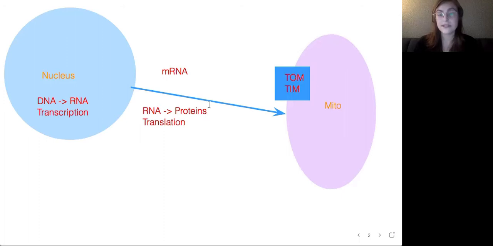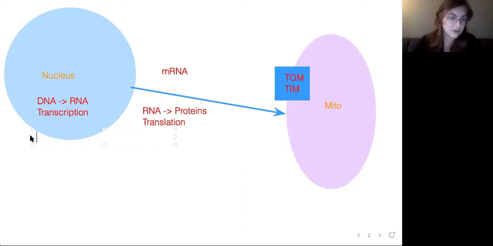And then other proteins that are destined for the matrix or the inside of the mitochondria will interact with both Tom and then Tim, because it has to cross through both to get in there. So that is how proteins that are encoded in here match up to their corresponding tag almost, and then the tag is what will bring it to the mitochondria for integration.